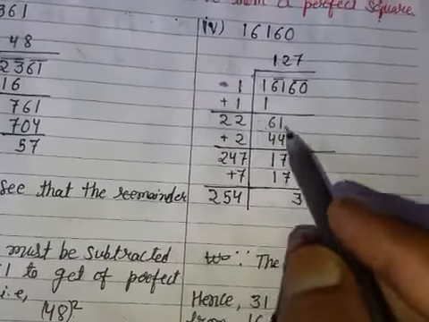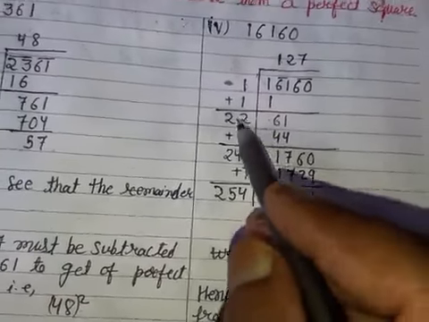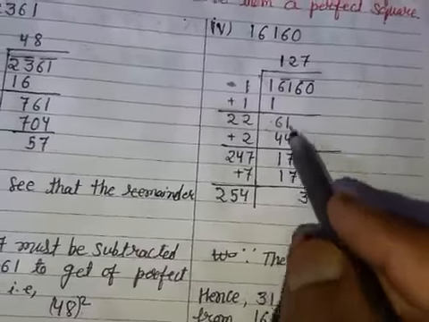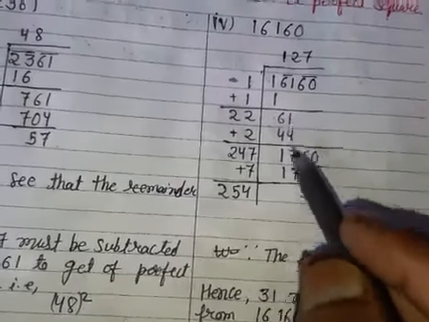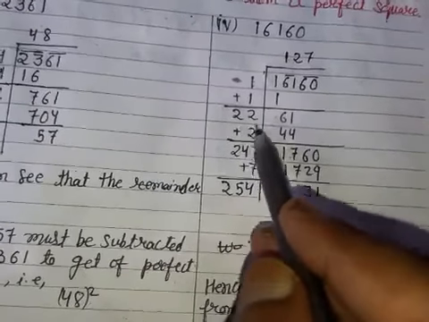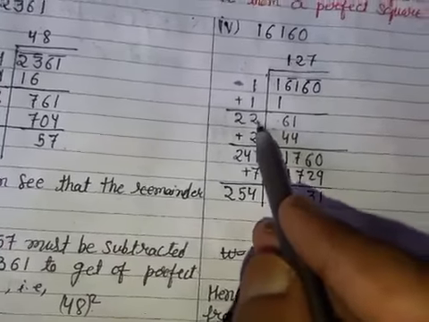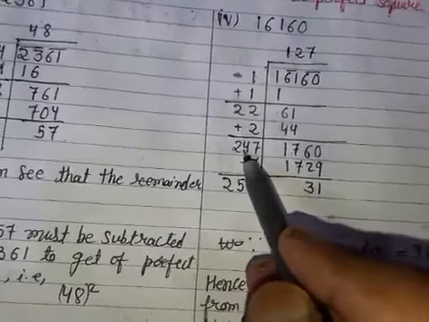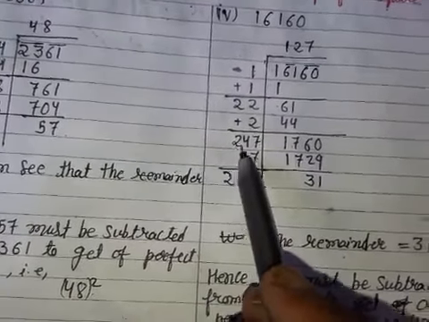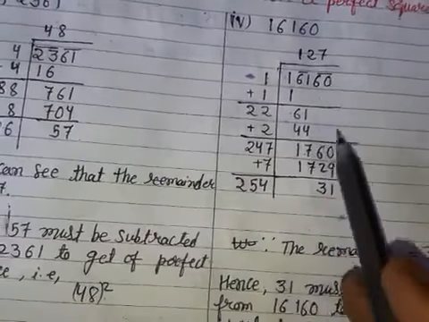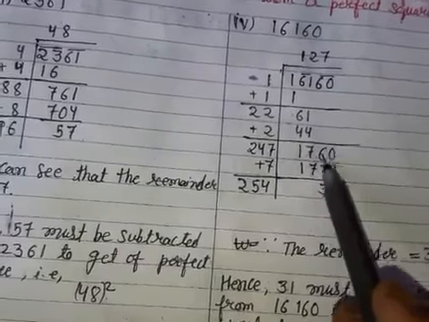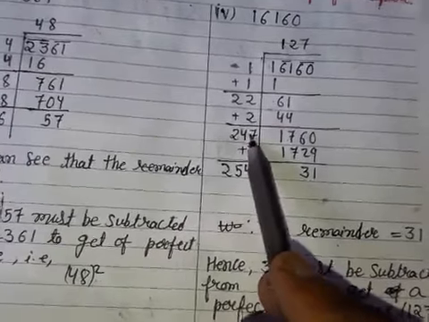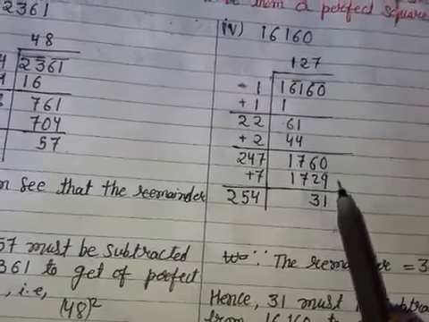So 61, 22 2s are 44, the remainder is 17. And add 2 also, so 22 and 2 we get 24. Now here the third pair is 60, so write 60. Now if we take 7 we get 729.